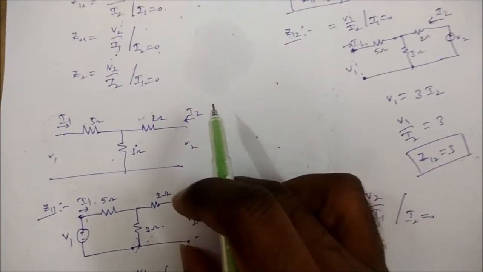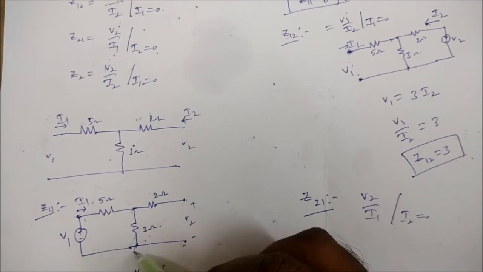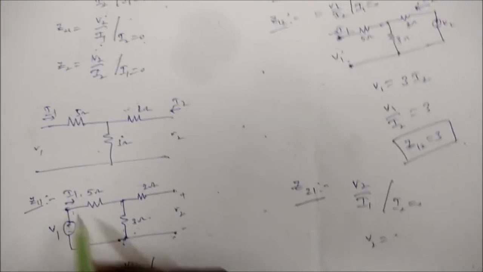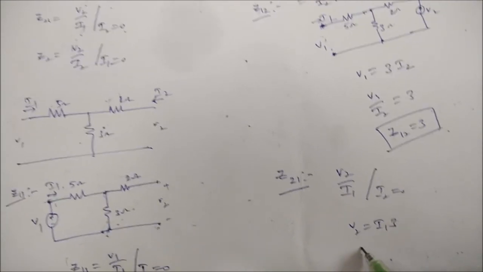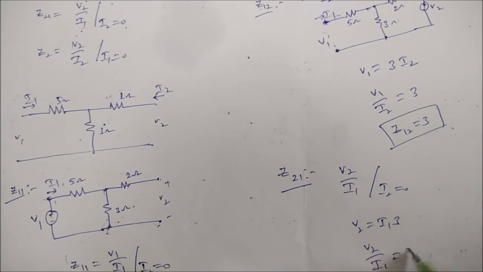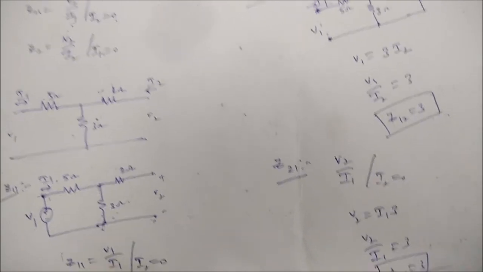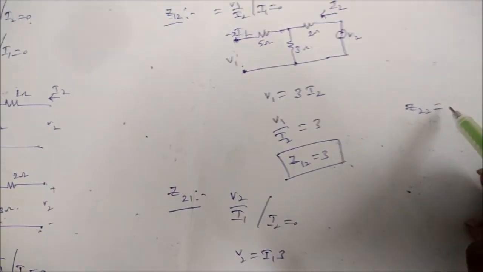The voltage across these two terminals is also V2. So now V2 is equal to I1 into 3. So V2 by I1 is equal to 3. This is Z21 equal to 3. Understand?